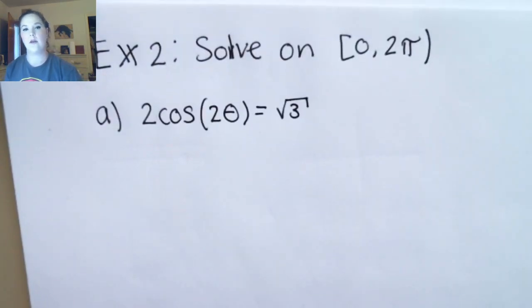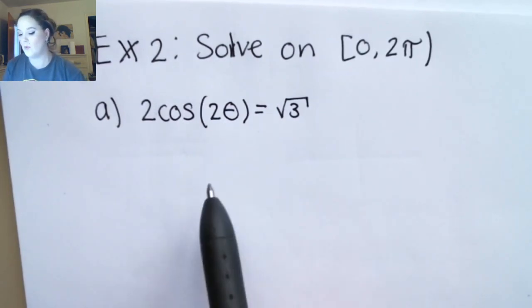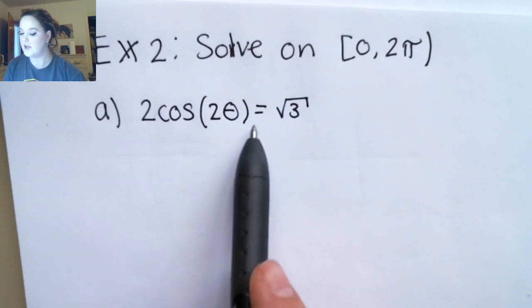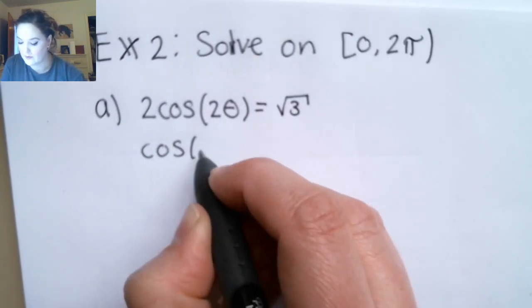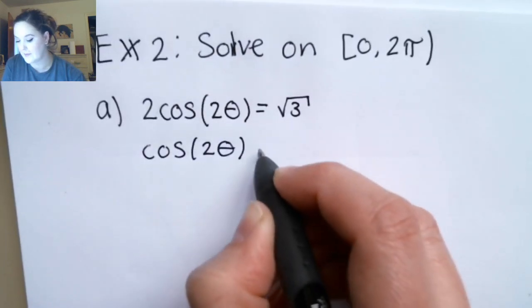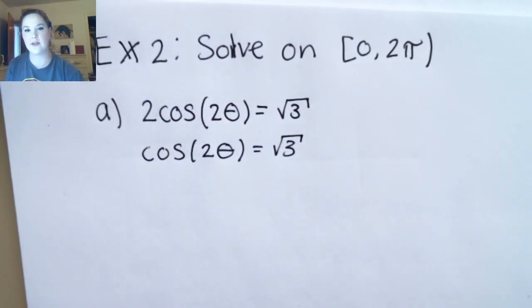Before we get to talking about which angles we're looking at, we need to isolate the trig function. So I'm going to divide both sides by 2. Okay, and I get this.